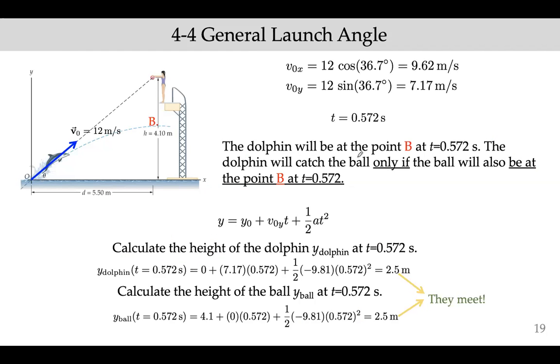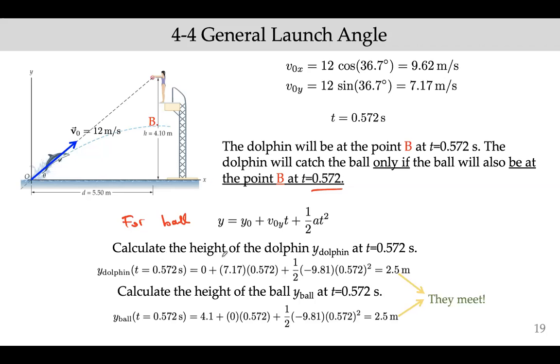So the dolphin will be at point B at time equals 0.572 seconds. The dolphin will catch the ball only if the ball will also be at point B at the same time. Now for the ball, I'm going to use this formula. Okay, so the position for the ball.